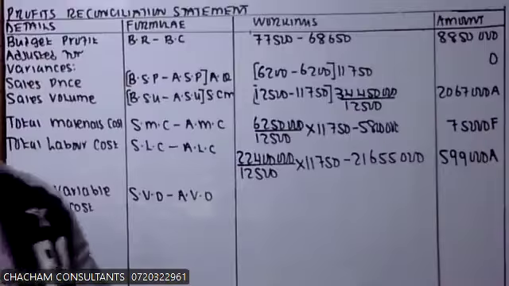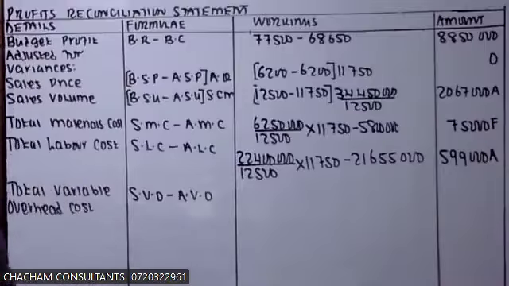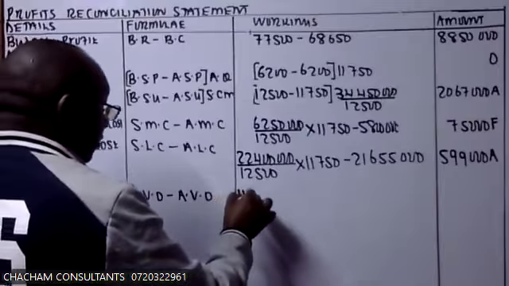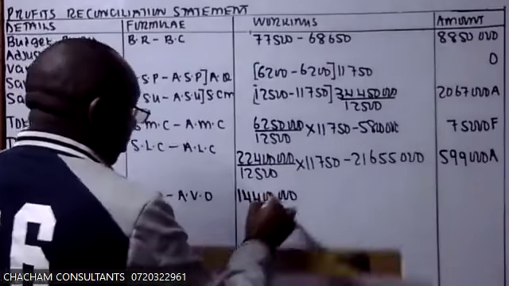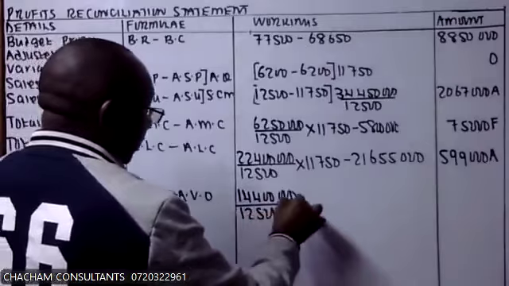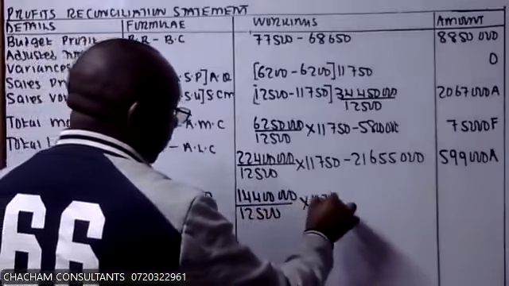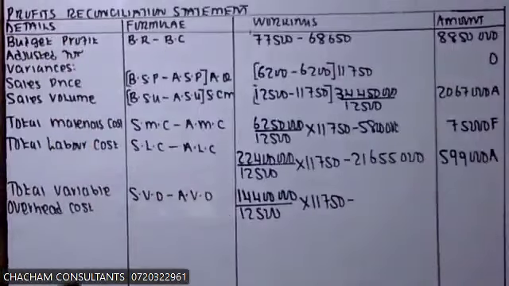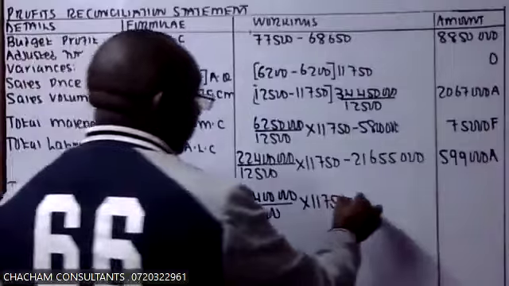So the standard, looking up there, it is 14,400 million according to the budget. We divide by 12,500 times 11,750 minus the actual here, which is 13,945.